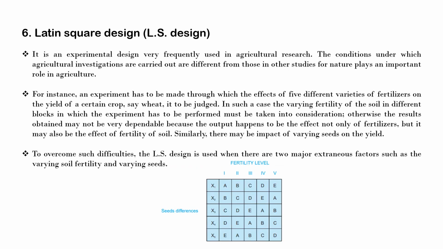Next is Latin square design, an experimental design that is used in agricultural research. For example, we have an experiment where we have to study the effects of 5 different varieties of fertilizers on the yield of a particular crop.